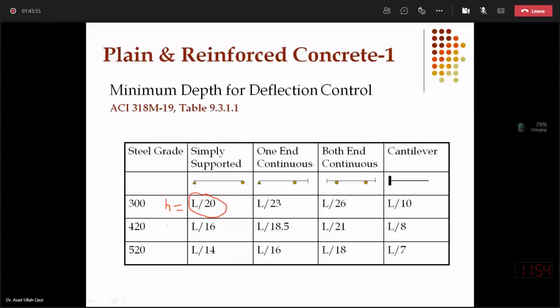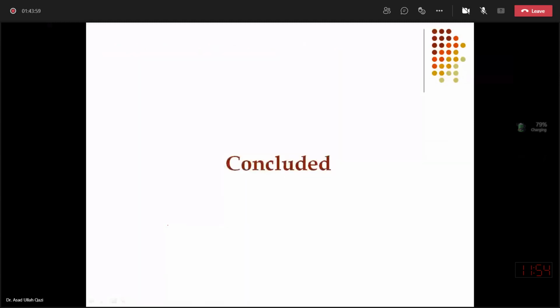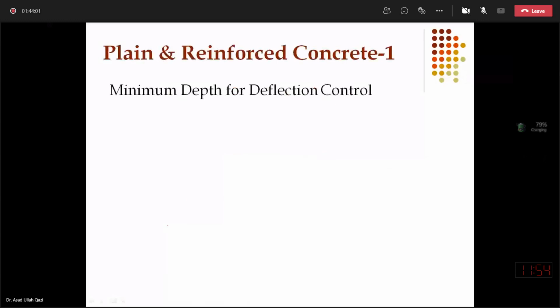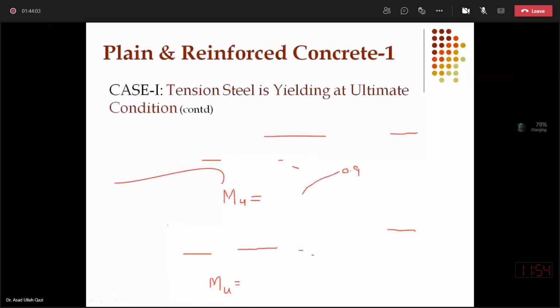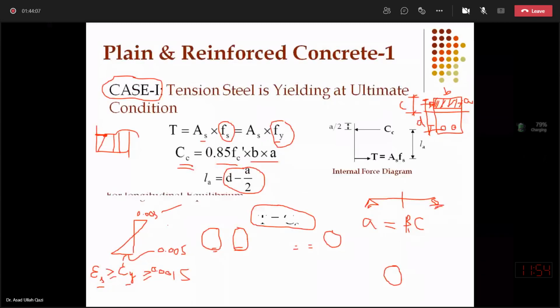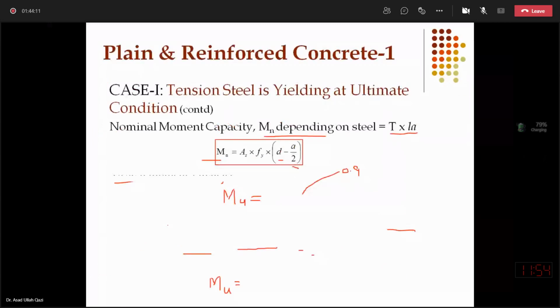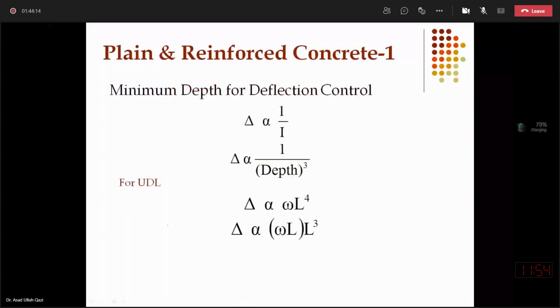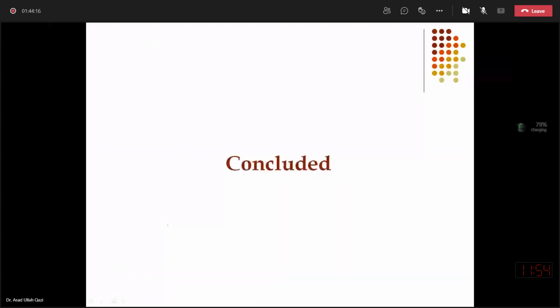So we will talk about this in more detail, but before I finish today's lecture, I just want to draw your attention toward one simple example solution. Let me draw that beam on this slide, and I want you to attempt it at home.